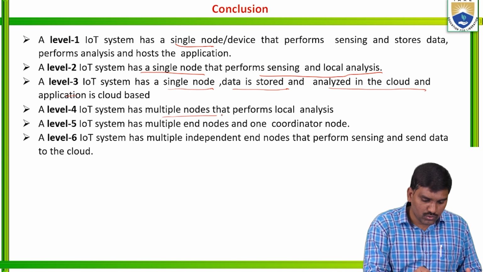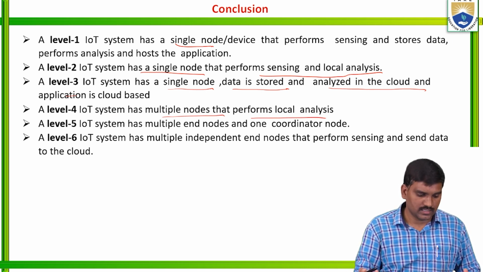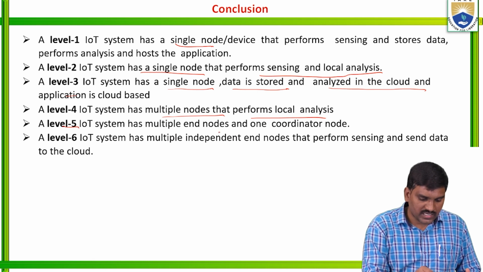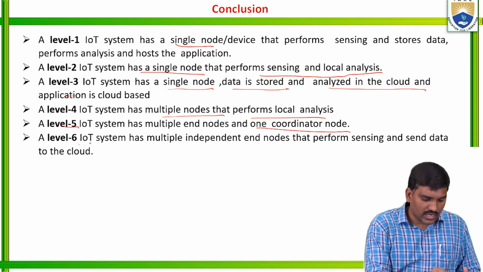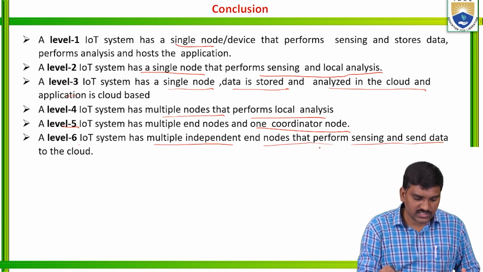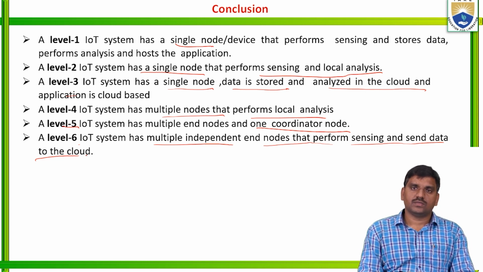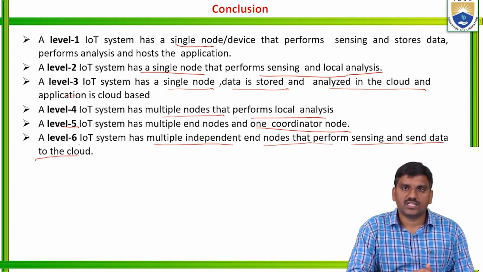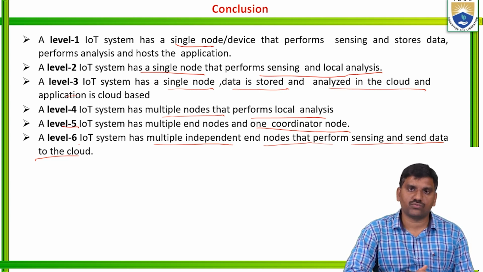Level 4, multiple nodes that perform local analysis. Level 5, multiple nodes, one coordinator node. Level 6 has multiple nodes, end nodes that perform sensing and send data to the cloud. So this is the conclusion of IoT levels 1, 2, 3, 4, 5, 6.